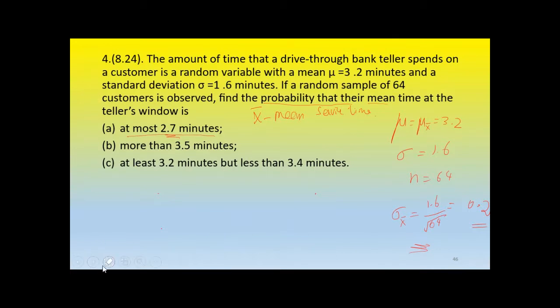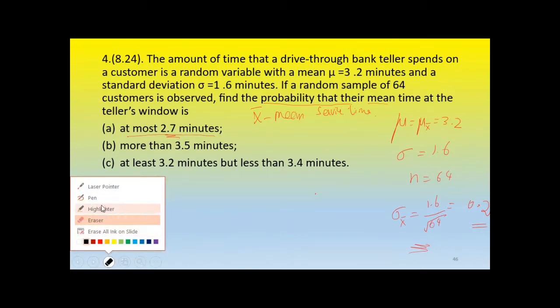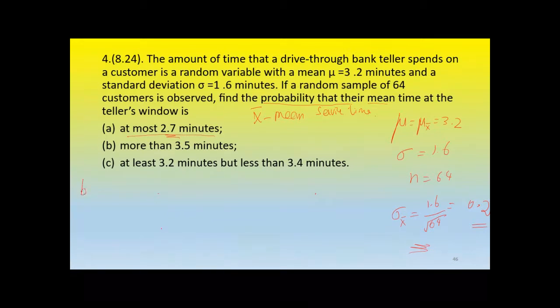So we are addressing part B. Probability of the mean should be more than 3.5.